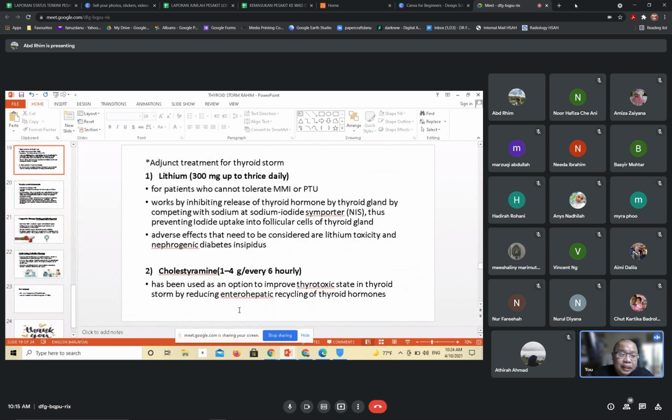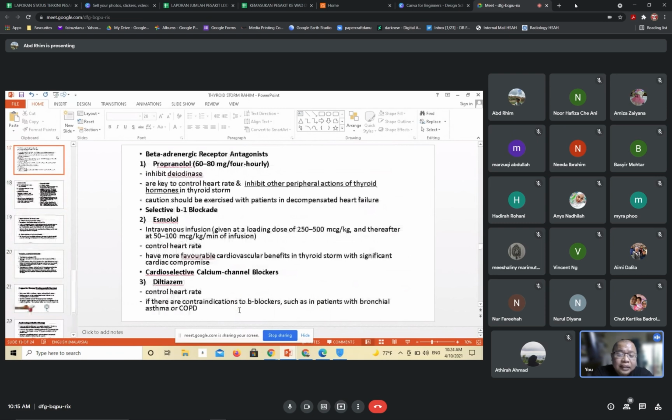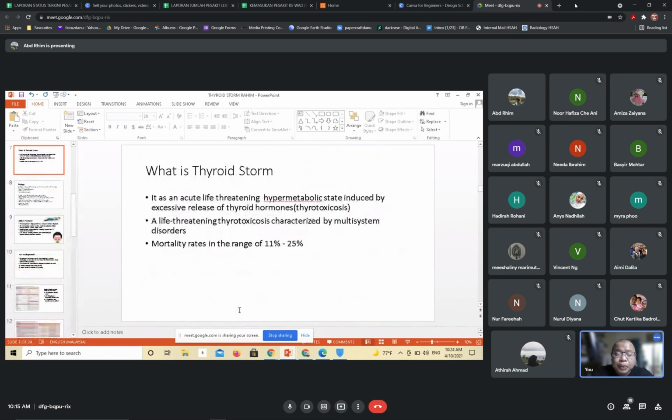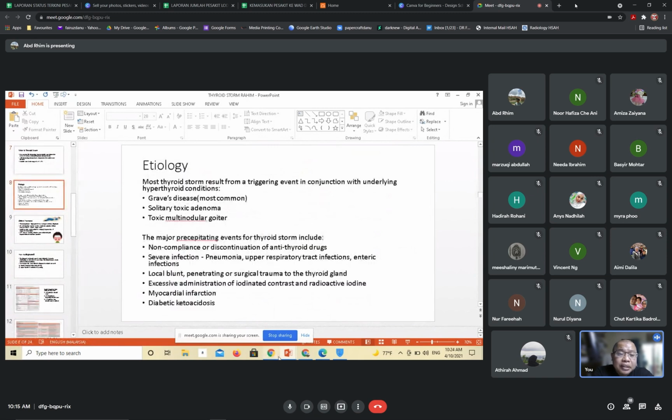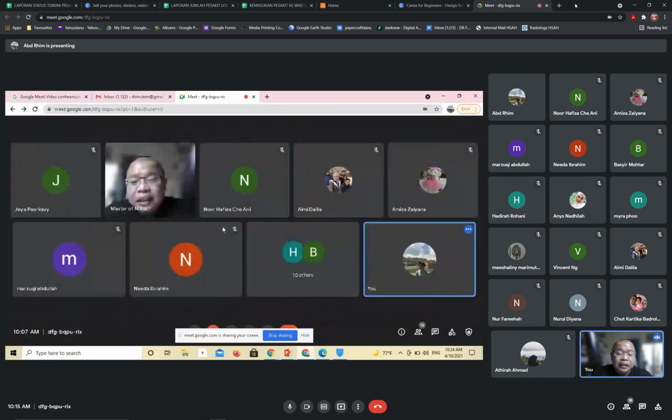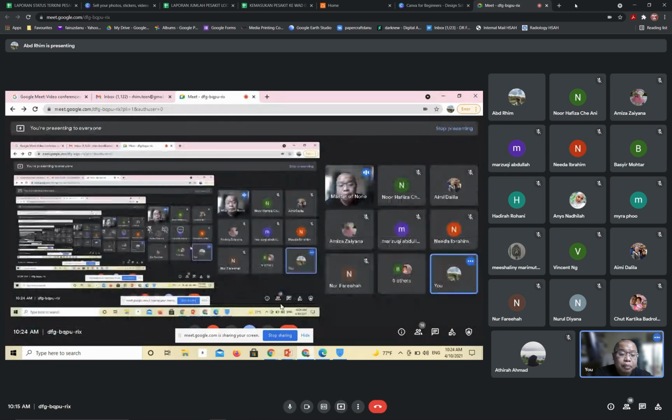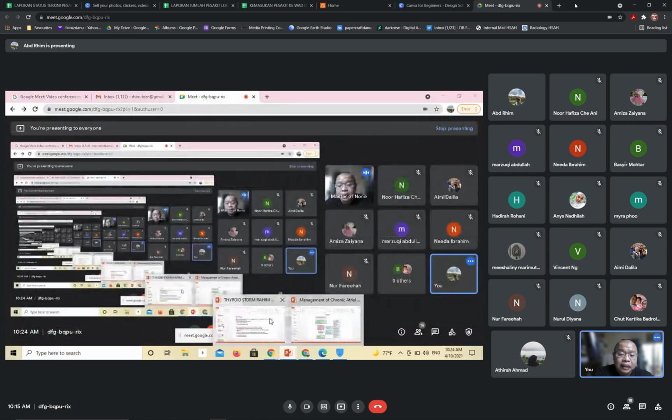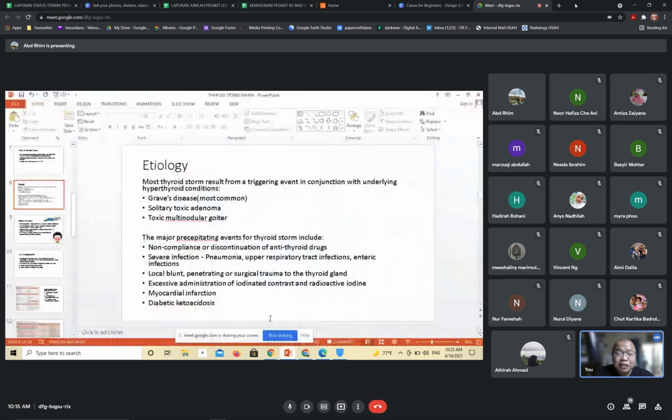Basically this is thyroid storm. Thyroid storm is something you need to keep in mind when you see a patient, especially a young patient who comes with a combination of features, especially AF and temperature, and not known to have any heart problem before. So you need to start thinking about thyroid storm. But just because you think about thyroid storm, don't calculate Burch-Wartofsky for every AF patient, otherwise everyone will be diagnosed as thyroid storm.